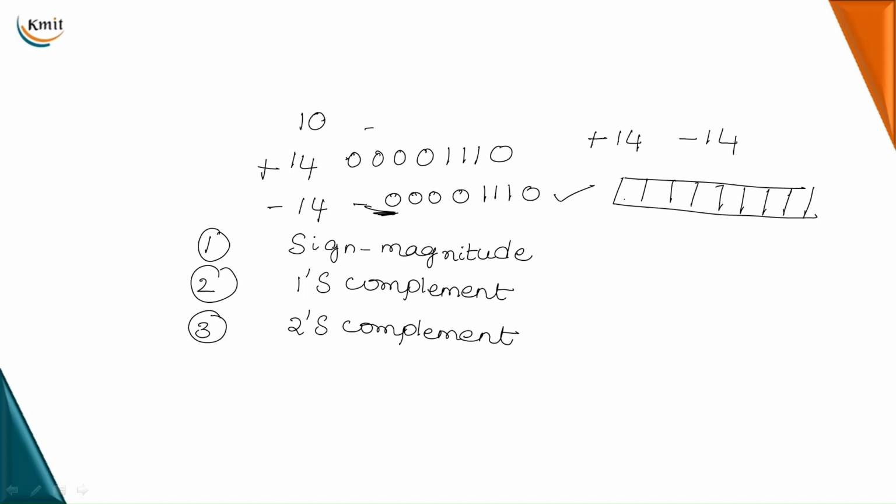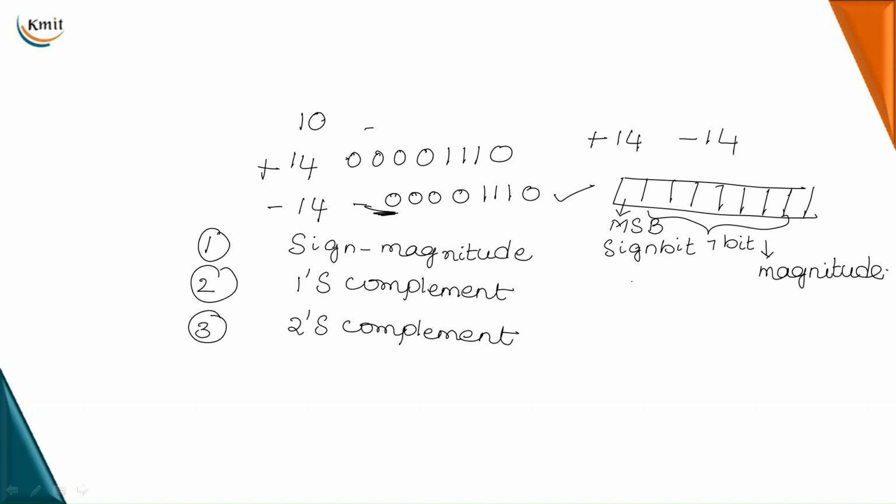So this most significant bit in a sign magnitude representation becomes your sign bit. Okay, this is your sign bit. And the remaining 7 bits, we call them as magnitude. So that is the reason we call it a sign magnitude representation.